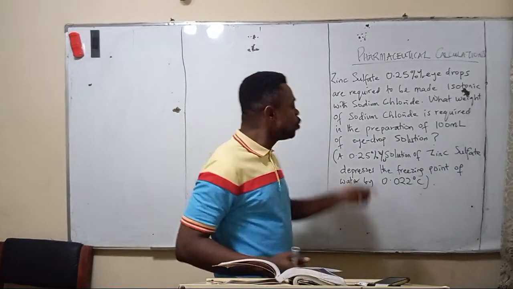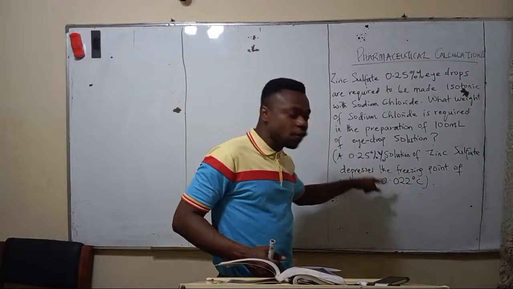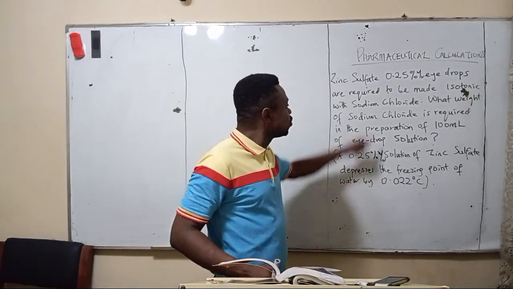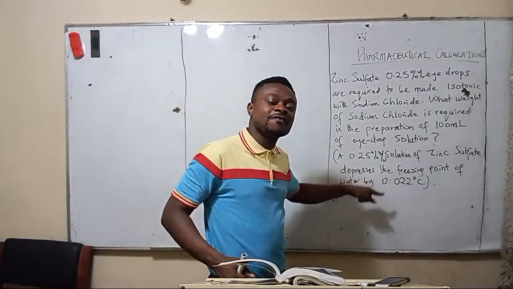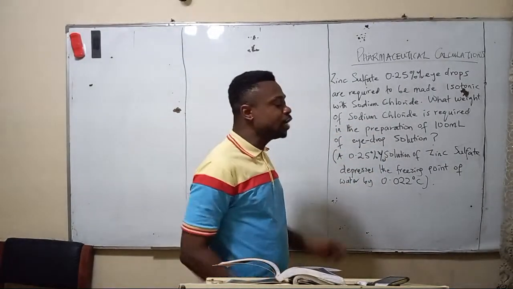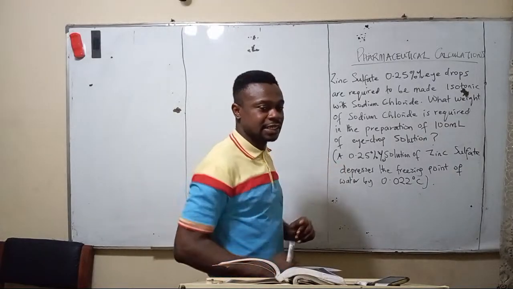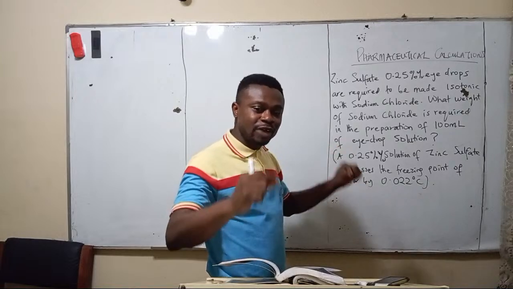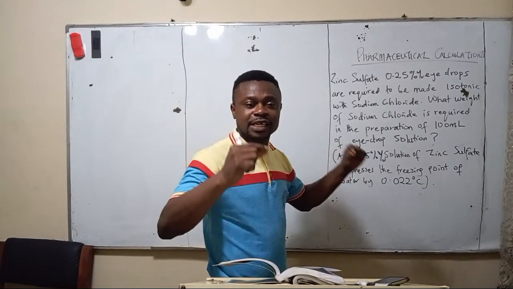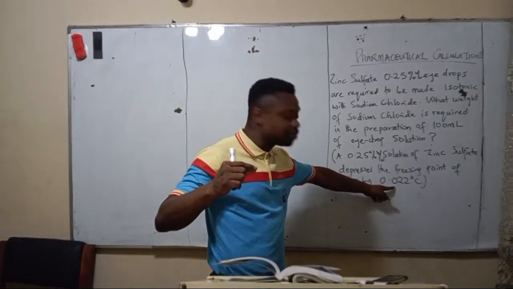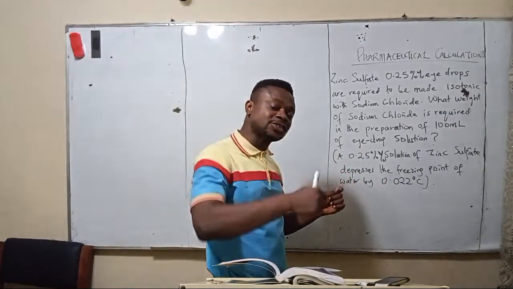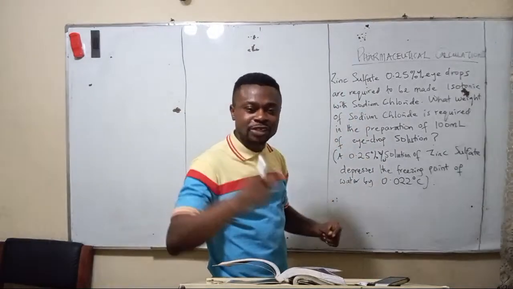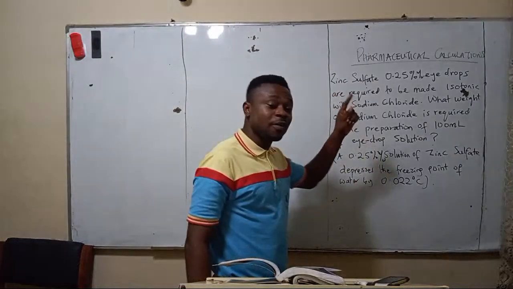First of all, we should find out the further depression required for this to depress up to 0.52 degrees Celsius. To determine this further depression we need, we subtract this freezing point depression from the depression that should make this isotonic, which is 0.52 degrees Celsius.